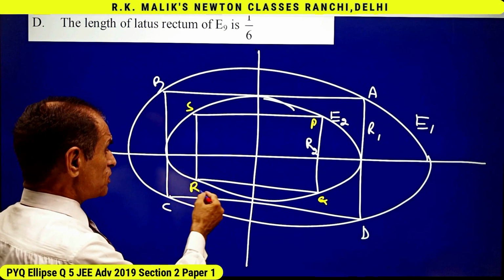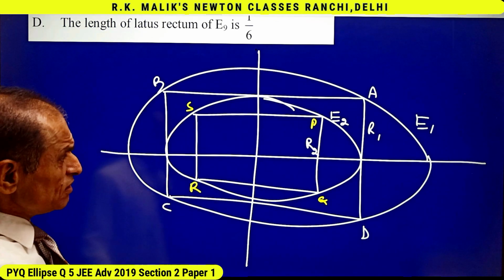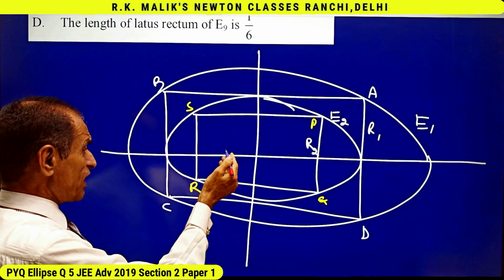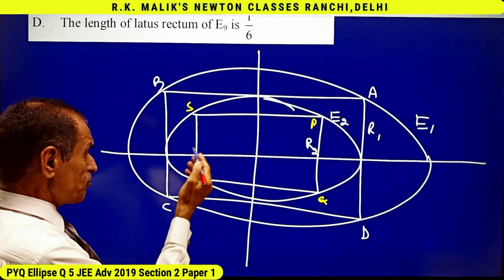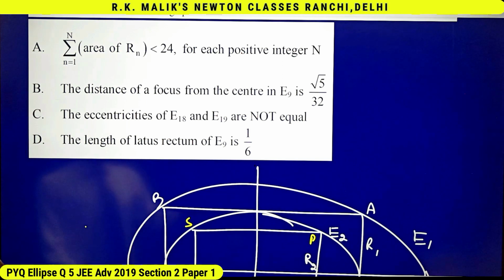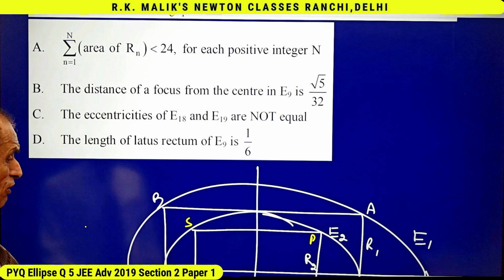Area of R2 means area of rectangle PQRS. The more rectangles I take, the more will be the area. And it says whatever the positive integer n is, this is less than 24.